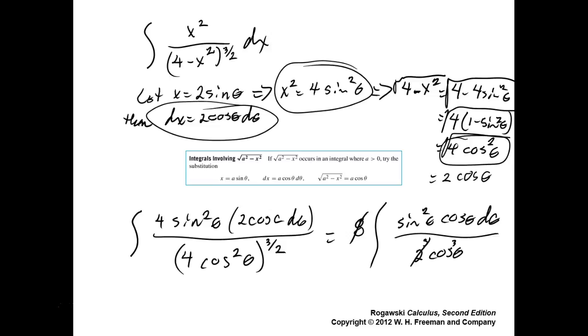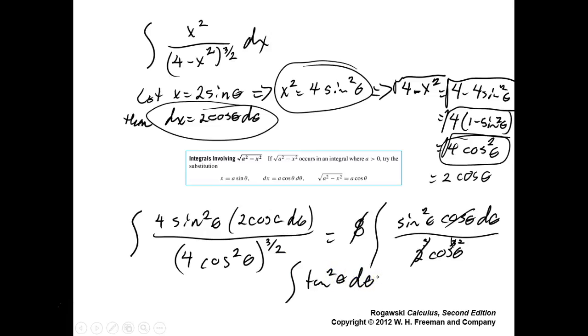And now what do we have? Well, we have a cosine theta up here and a cosine cubed down here. So that leaves me a cosine squared theta, right? But remind me, what is sine squared over cosine squared? Tangent squared. So that's the same as the integral of tangent squared theta d theta.